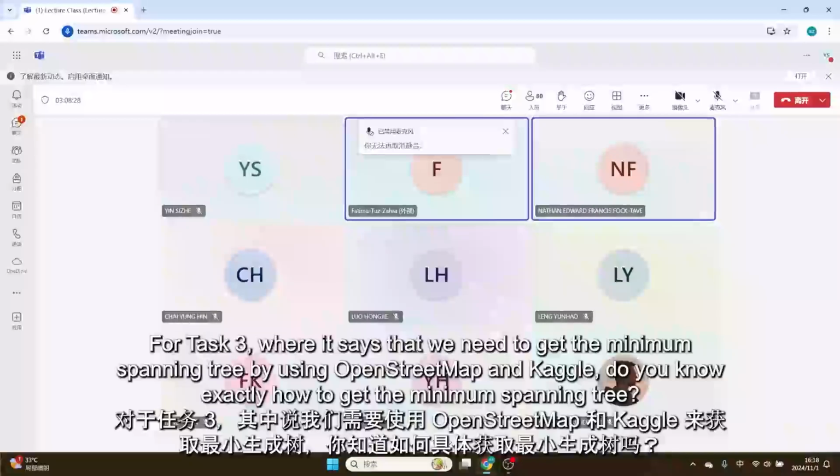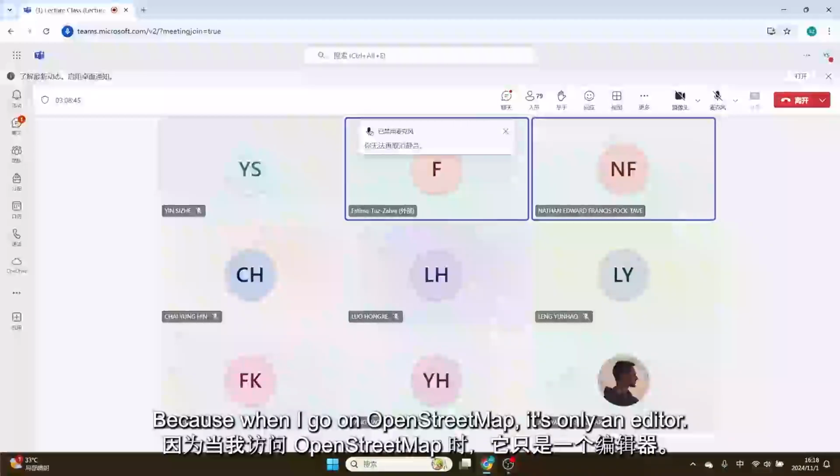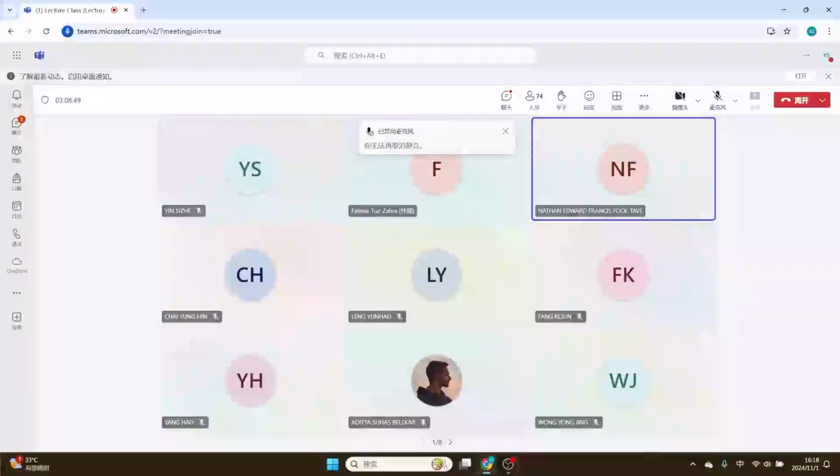Okay. For task 3, where it says that we need to get the minimum spanning tree by using OpenStreetMap and Kaggle, do you know exactly how to get the minimum spanning tree? Because when I go on OpenStreetMap, it's only an editor.